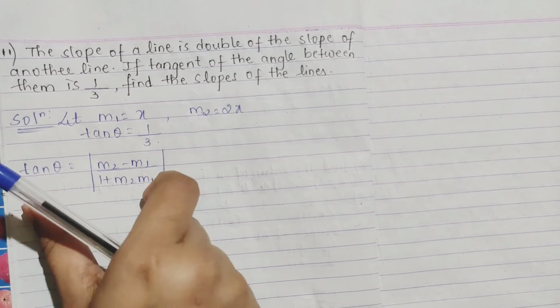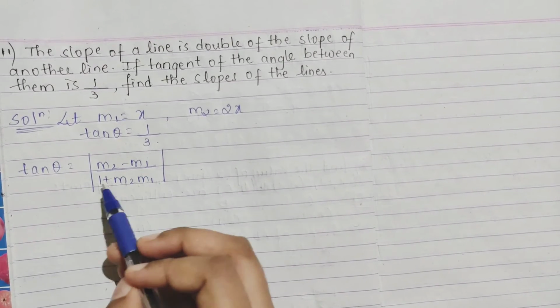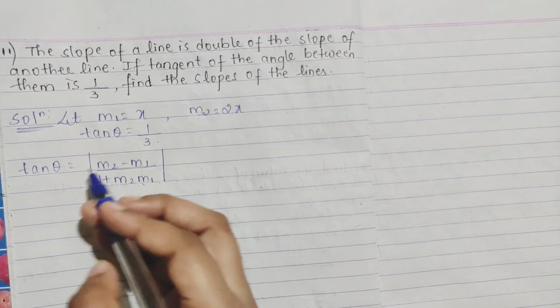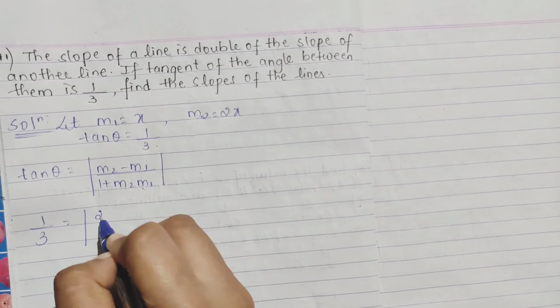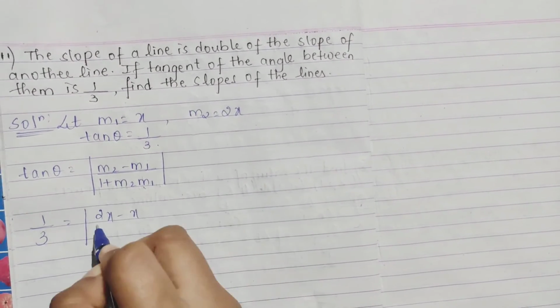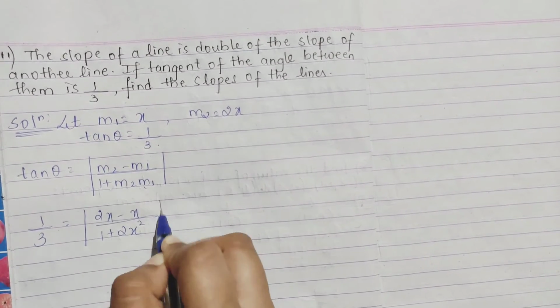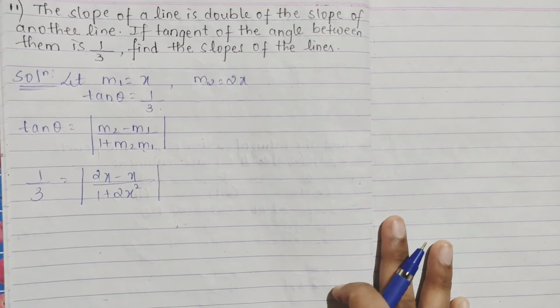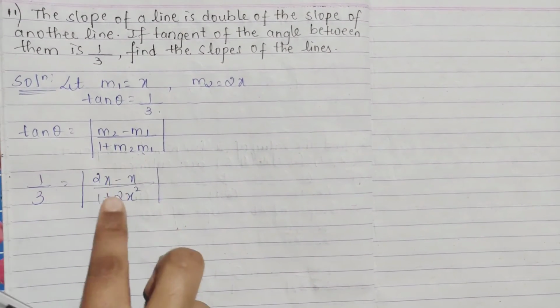First we will make use of the formula: tan theta is equal to modulus of m2 minus m1 whole divided by 1 plus m2 m1. So tan theta is 1 by 3, m2 is 2x, m1 is x, and 1 plus 2x into x becomes 2x square, right? Now we have to get rid of this modulus because we have to find the x value.